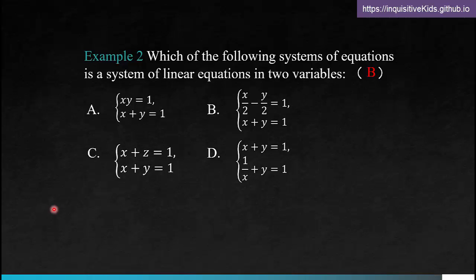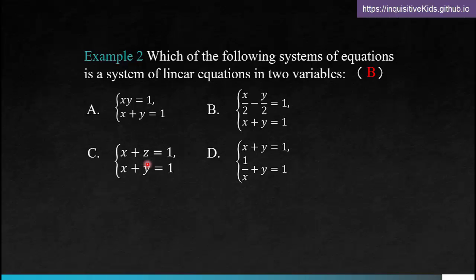So it doesn't work if you have two variables put together. Okay, now let's look at C. Why would C not be a system of linear equations in two variables? Well, it has more than two variables. It has three. Remember, we should just have x and z, x and y, or y and z. We shouldn't have x and y and z at the same time.